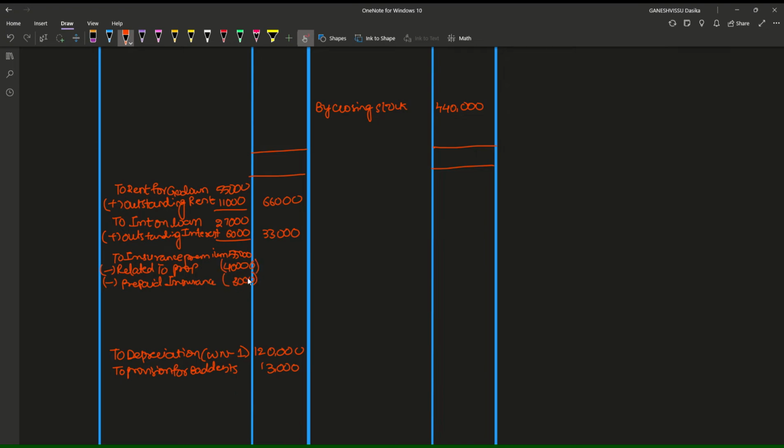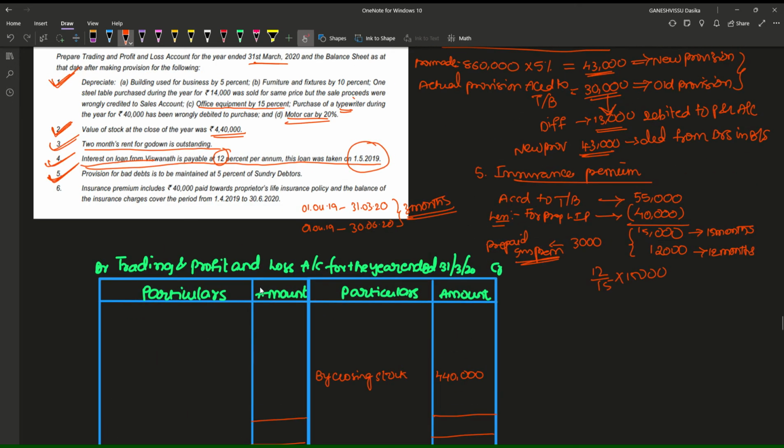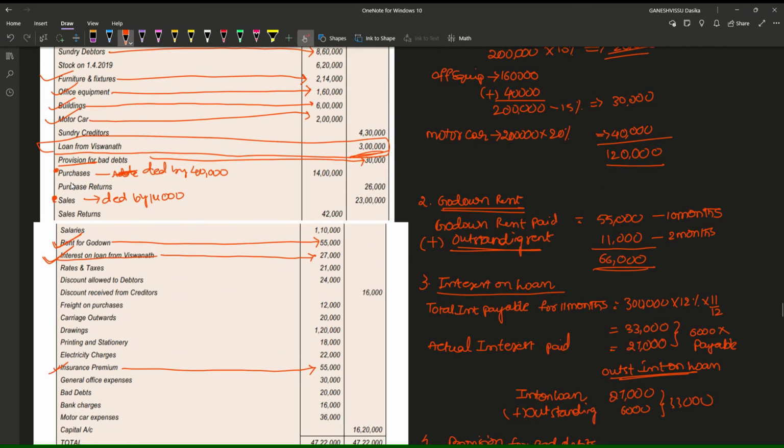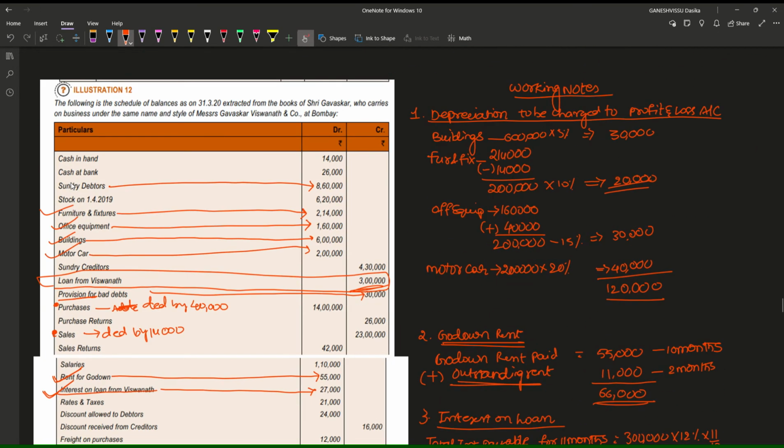So the balance would be 12,000, what we have calculated, right? This is what we need to show. We have completed all the adjustments. Now we can go to the trial balance. Very simple and easy to solve the remaining things, and we shall go from the starting onwards.